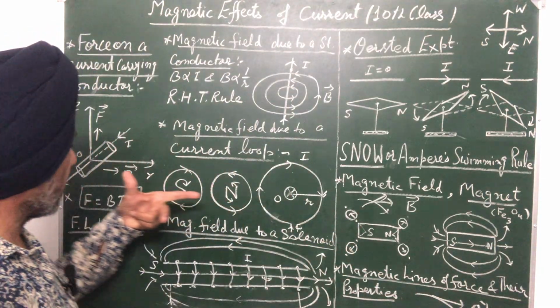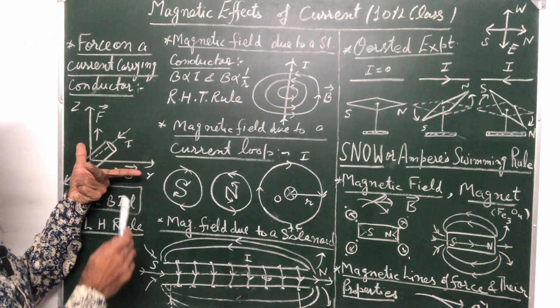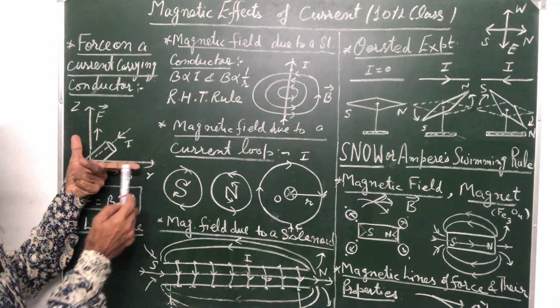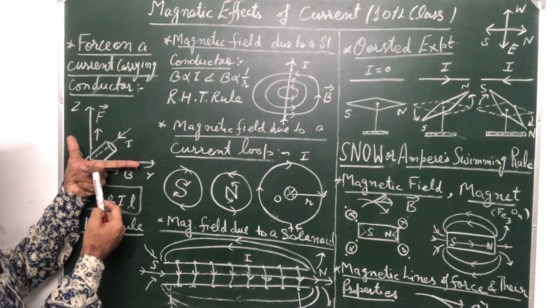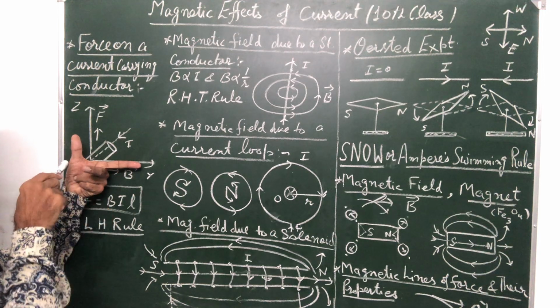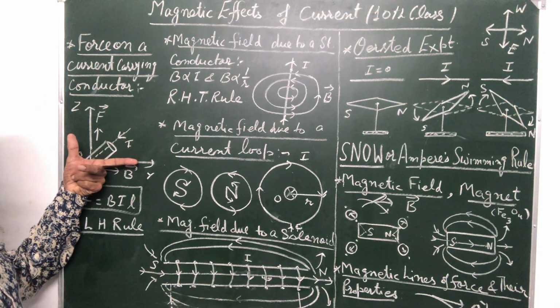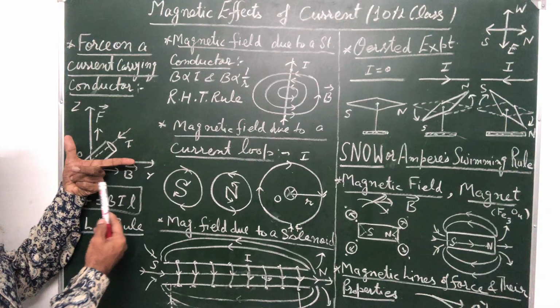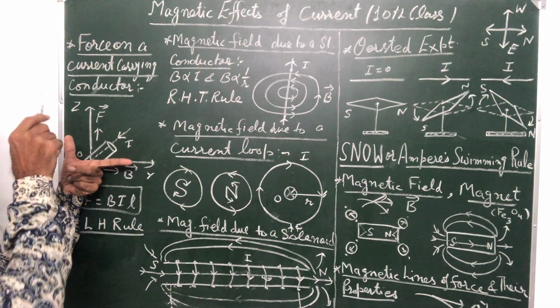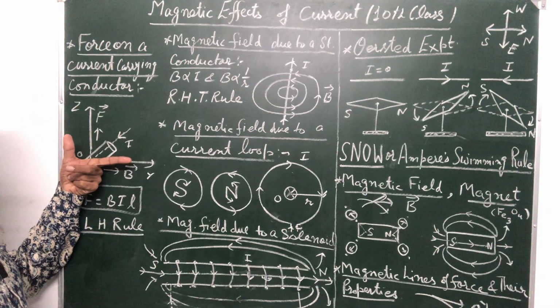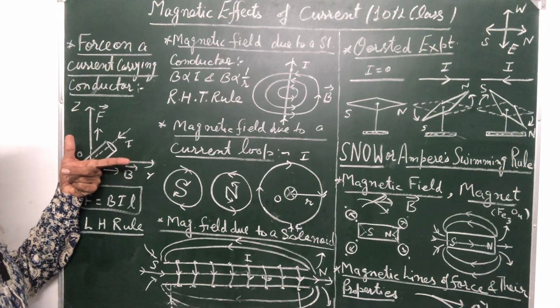So from this diagram we can see it like this. This is the magnetic field, current along the x-axis toward you, then the thumb gives the direction of magnetic force. You can see it clearly. Fleming's left hand rule: first finger, magnetic field; central finger, direction of current pointing toward you, perpendicular to the board along the x-axis; and the magnetic force experienced by the conductor is given along the z-axis by the thumb of the left hand.